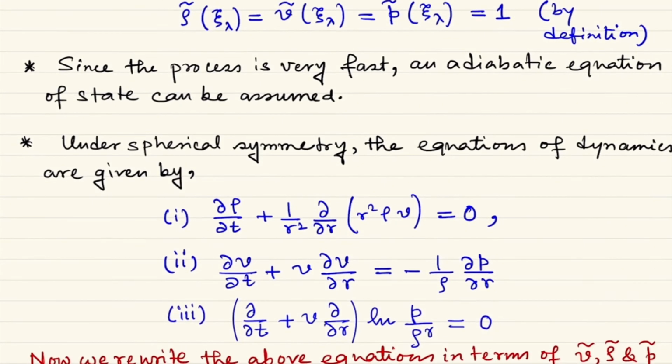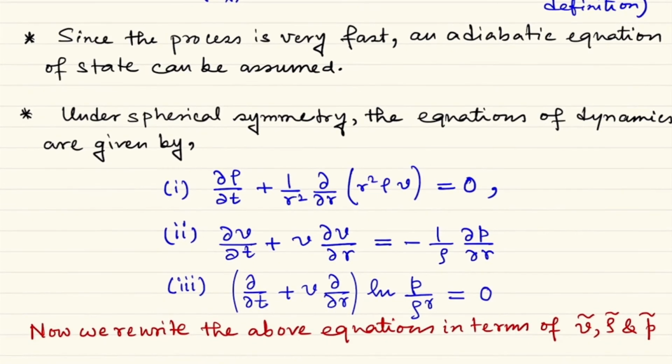Now, it is also true that the process is very fast. That's why an adiabatic equation of state for the gas or the fluid inside the blast wave is not a bad assumption. Now we are writing the equations of dynamics of the fluid inside the blast wave.